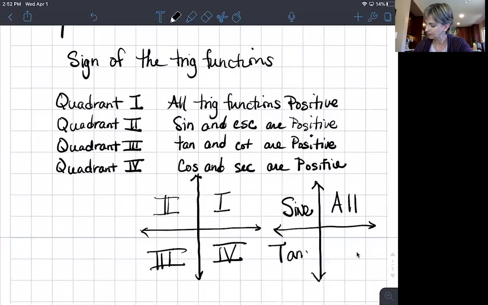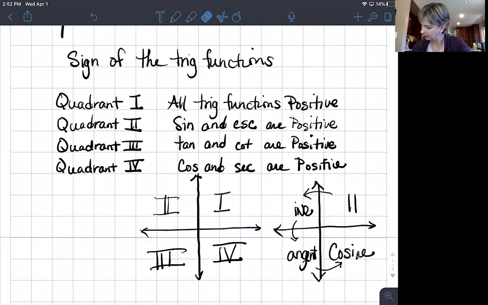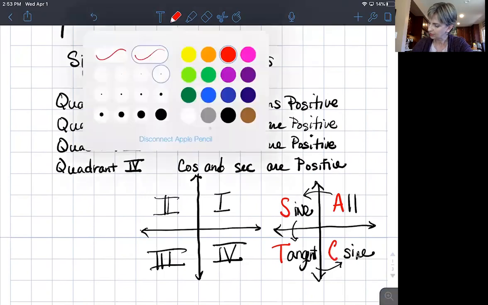Tangent and its reciprocal, and cosine and its reciprocal. Remember, we go this direction: all, sine, tangent, cosine. Now, if you just look at those first few letters, I'm going to change the color here just to help us make it stand out a little bit. This would be A, S, T. I accidentally erased my C there.